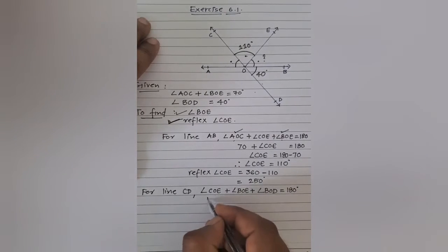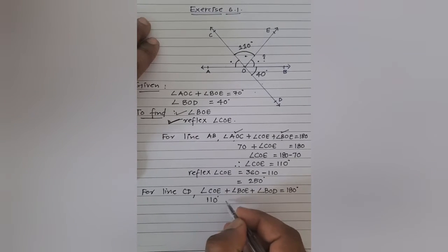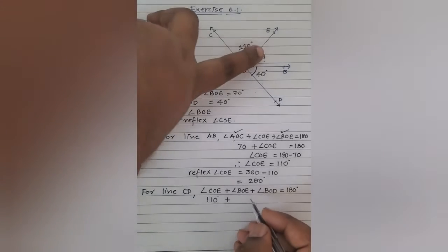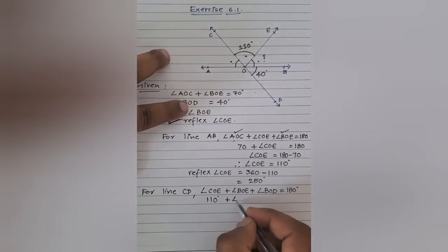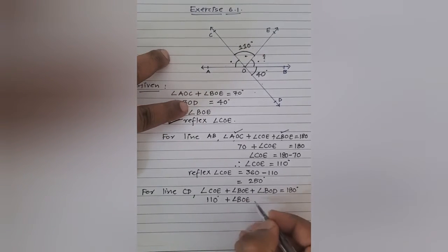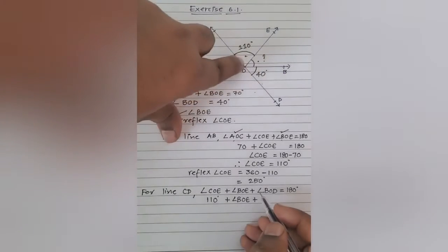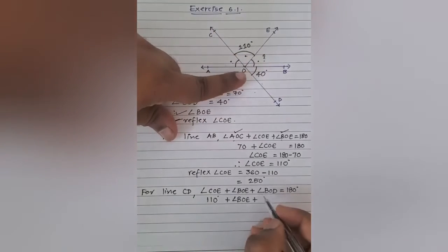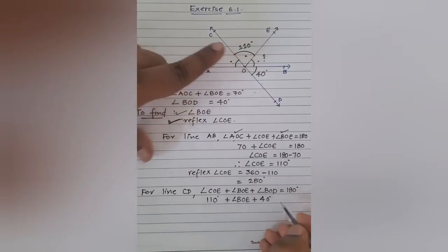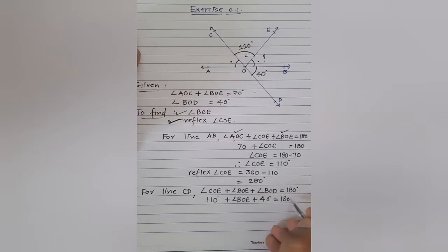COE is given as 110, BOE is something that we have to find, and BOD is already given in the question as 40 degrees.